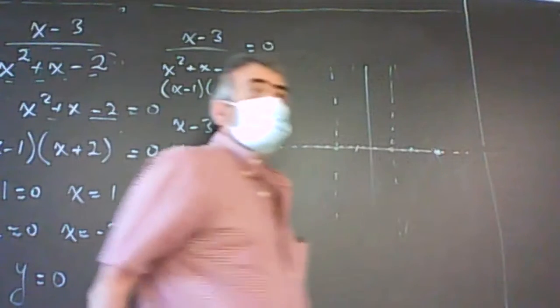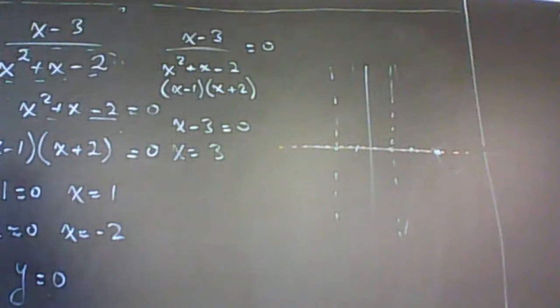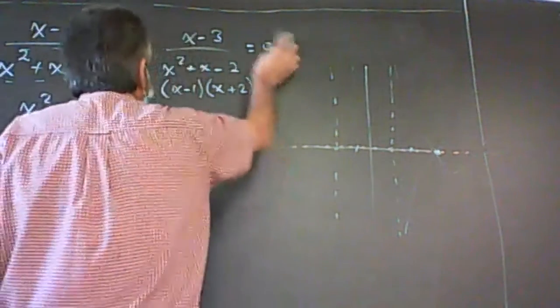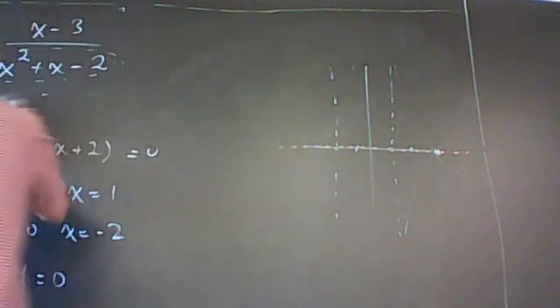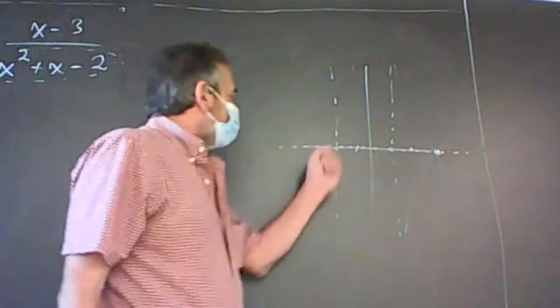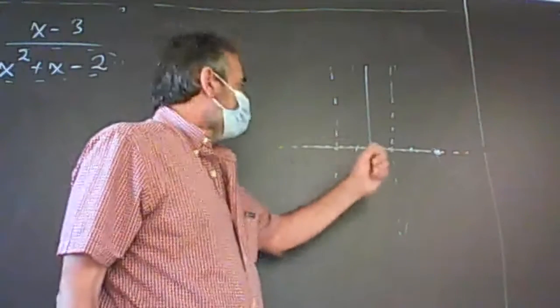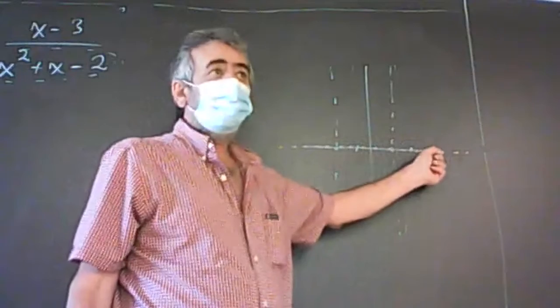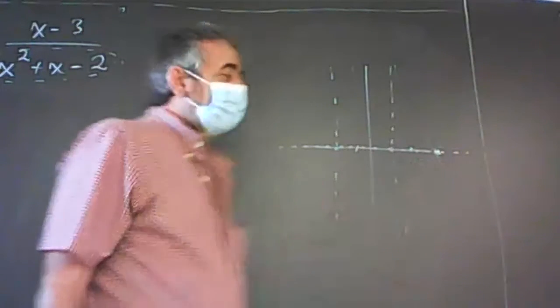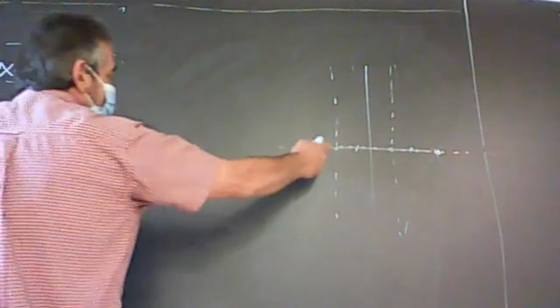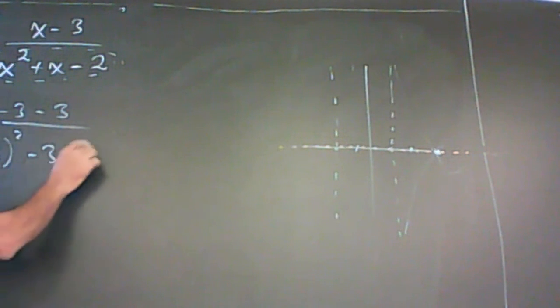Now we know the graph is going to cross this asymptote at that point. So now let's go ahead and graph this equation. To graph it, first we need to take a point on this side, at least. So taking a point on this side, this is -2, let's say -3. So -3 minus 3 divided by -3 squared minus 3 minus 2.